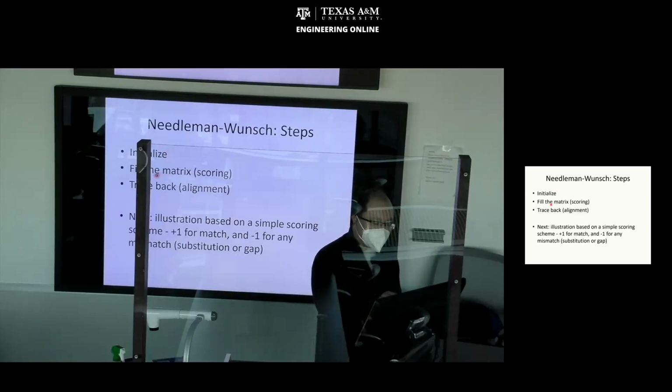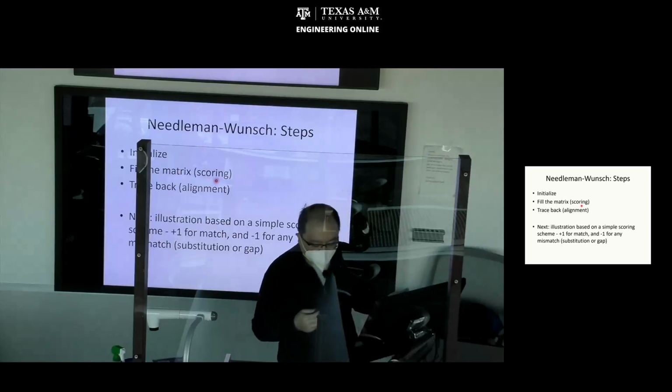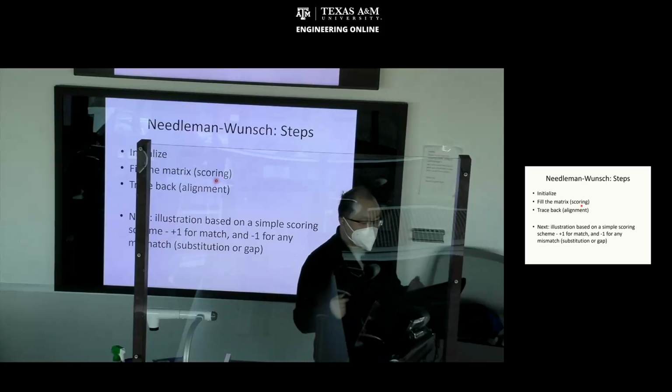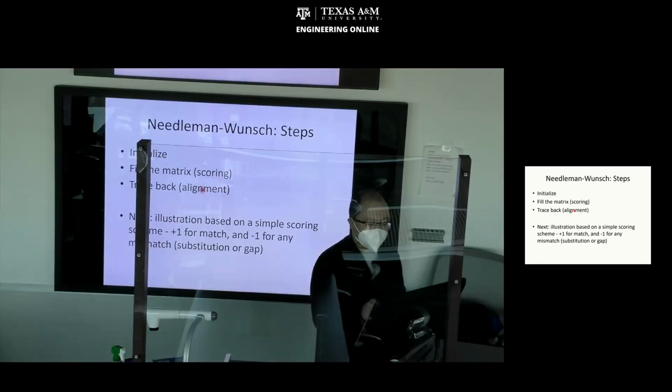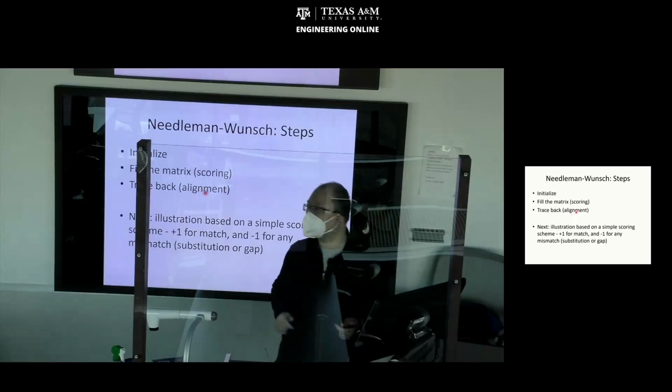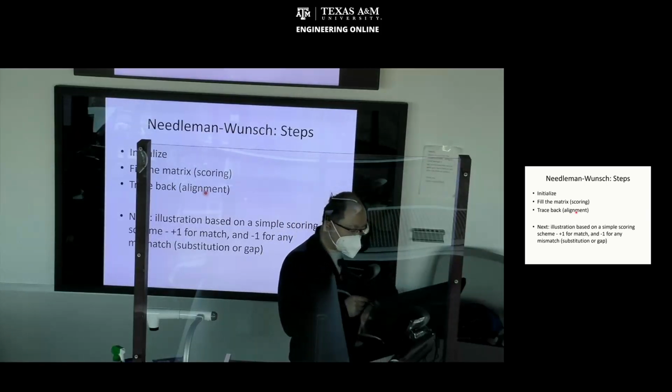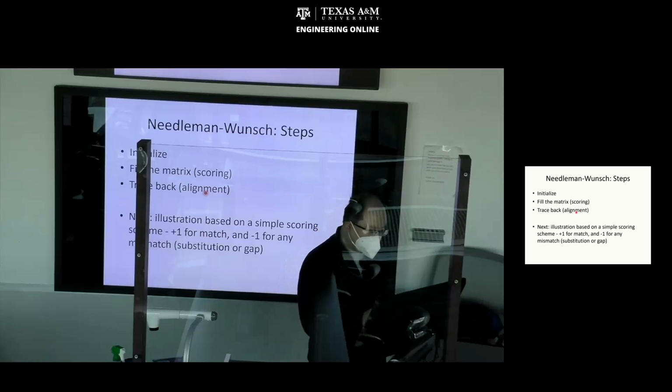Then you gradually fill the matrix, which gradually gives you the optimal alignment of all the prefixes until the complete strings. And eventually, once you figure out the optimal score, you can trace back and find the optimum alignments, okay? So next, I will use an illustration with a very simple scoring scheme: +1 for match and -1 for any mismatch, substitution, or insertion or deletion.